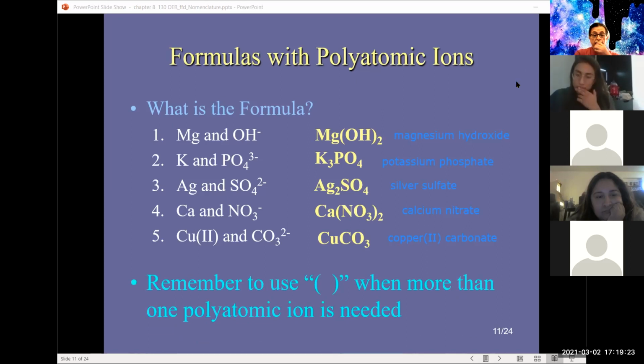Okay, the thing to remember here with polyatomic ions is to use parentheses when you need to use more than one polyatomic ion.